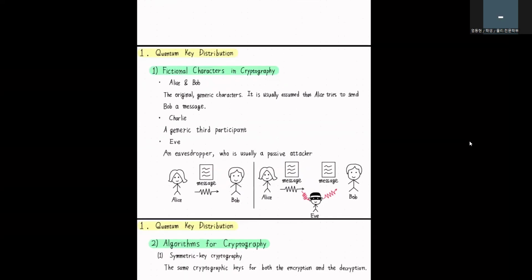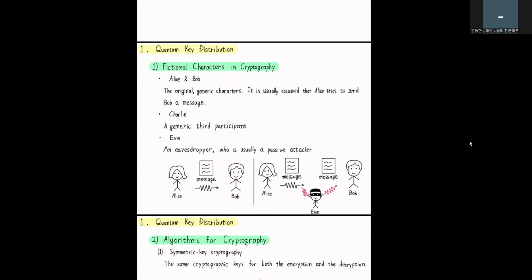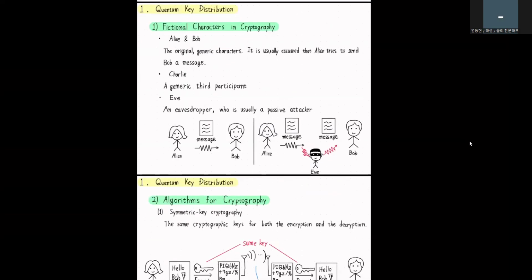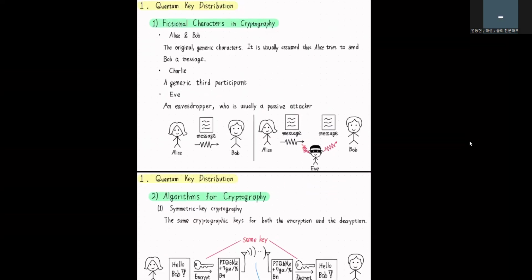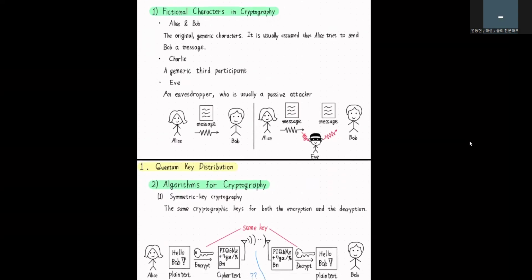So let's say that we have two parties, Alice and Bob, that want to send messages to each other. Normally it's Alice who wants to send Bob the message.